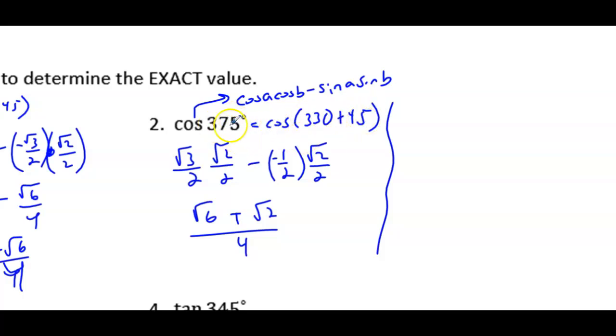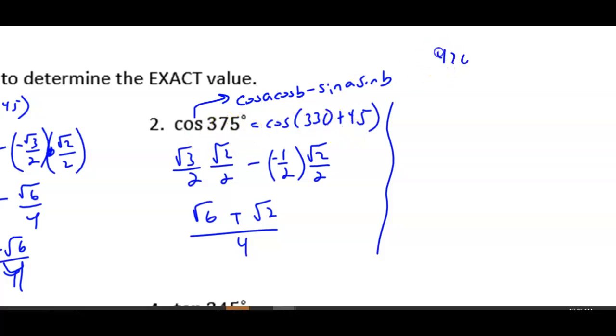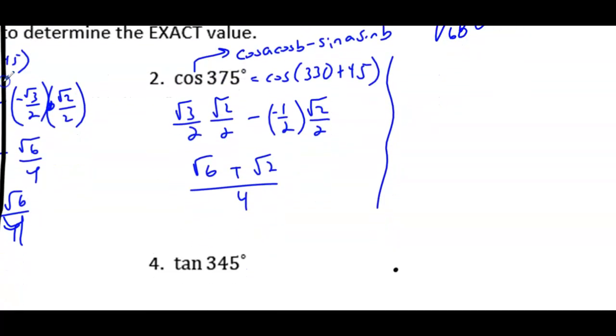You would have to use something coterminal, for example 420 minus 45, and this is equivalent to 60. So don't stress over that one. I would do the sum right here. That's a good question for the quiz, actually.